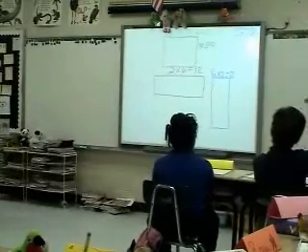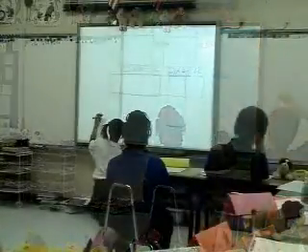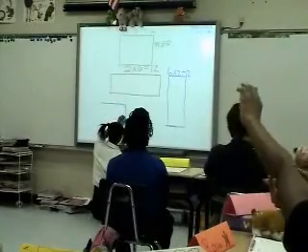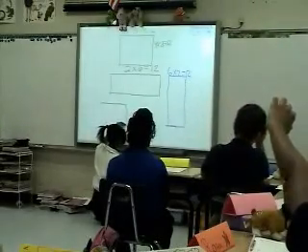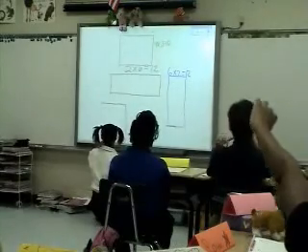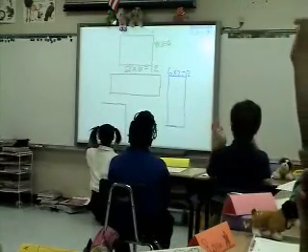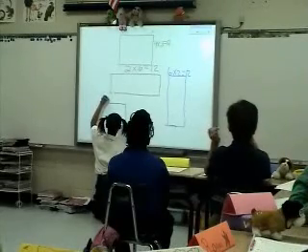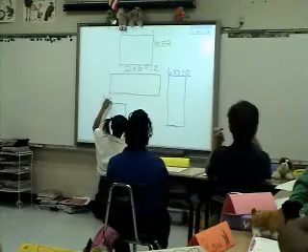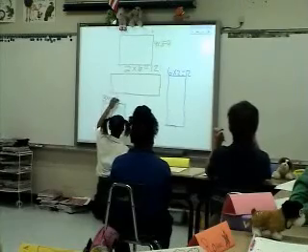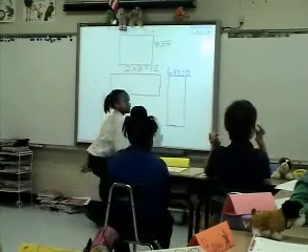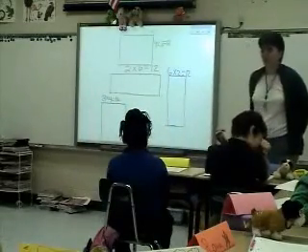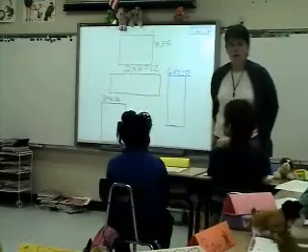Okay, is there another way to draw 4 times 3 equals 12? Good, and let's write our number model. Now, is there another way to get 12 squares? Sunfire?